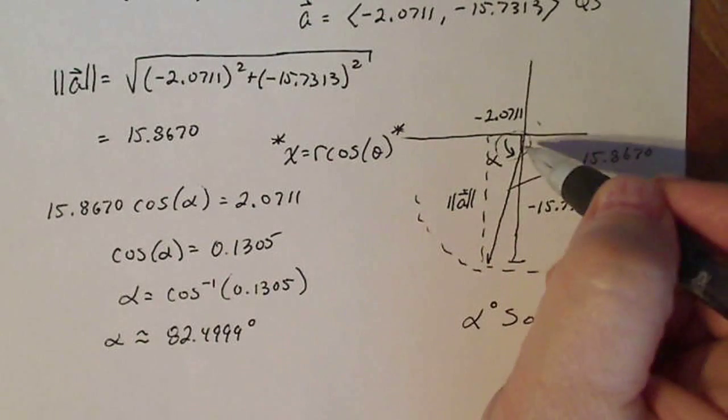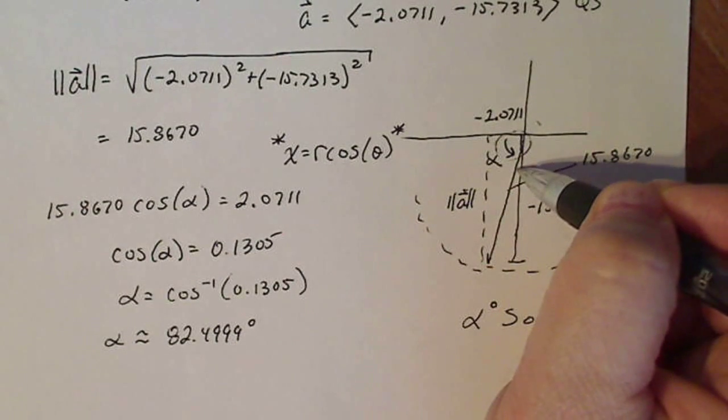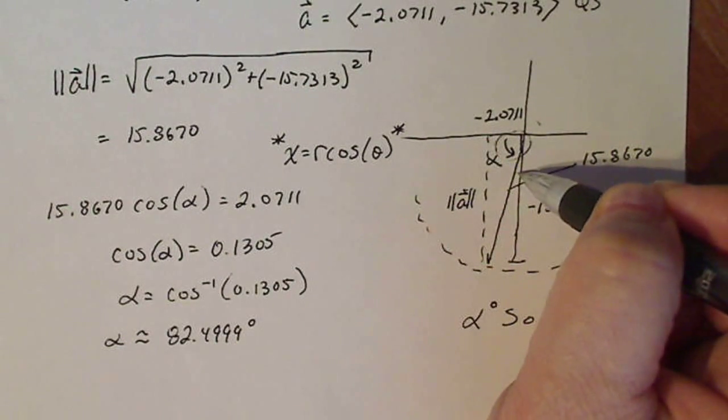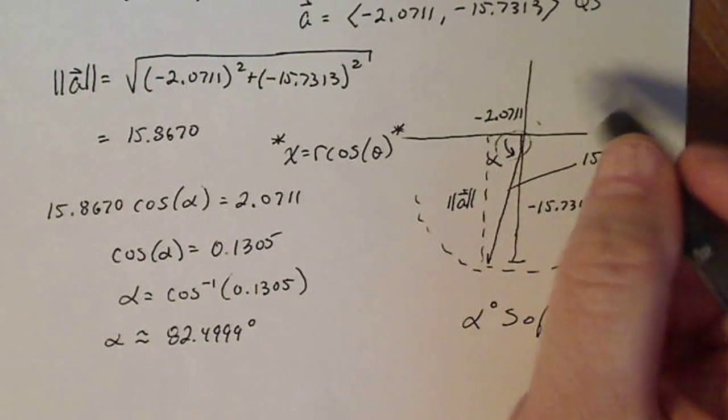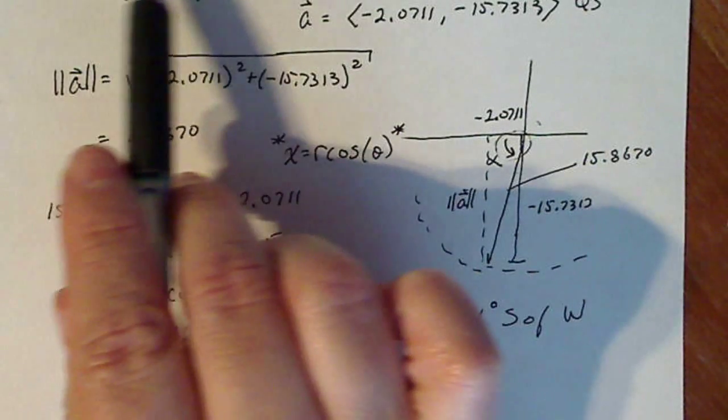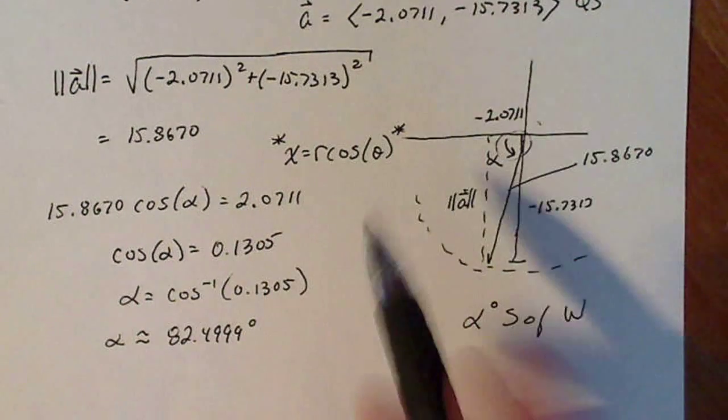Now, does that make sense? So 82 degrees is almost to 90 degrees, so that would leave this angle here really tiny. So that makes sense, 82.499 degrees. So now if I answer the question, what is the direction and magnitude of the force?